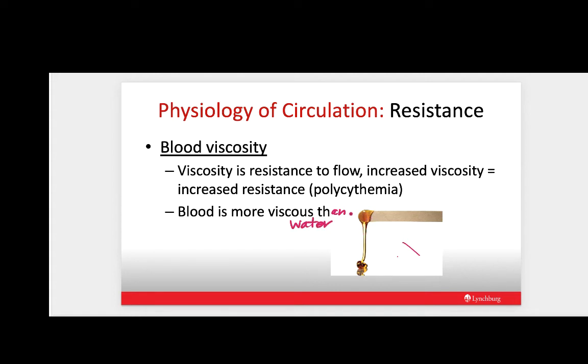It's thicker, so it has more resistance to flow. An example of increased viscosity, if you think back to when we talked about blood, is polycythemia, remember, increased red blood cells? Well, those red blood cells being higher than normal creates increased viscosity in the blood vessels. And if we have increased viscosity, then we have increased resistance to blood flow, and that can be problematic.